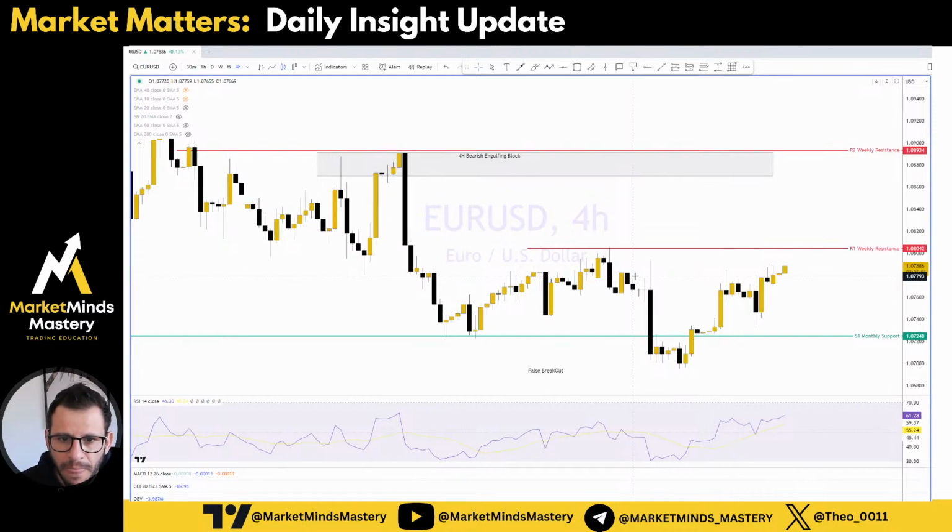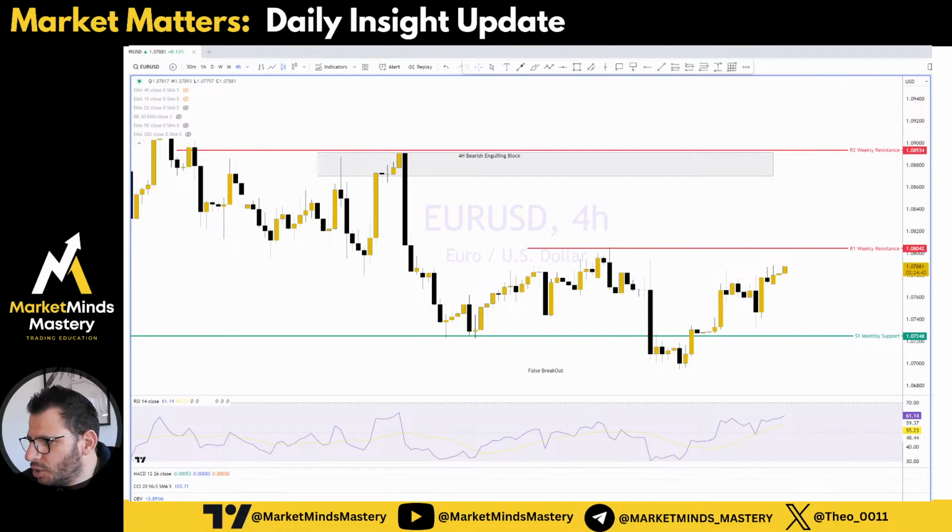So price filled up these orders, this gap, moved to the upside. Now it's approaching this area of resistance. Let's see what's going to happen.